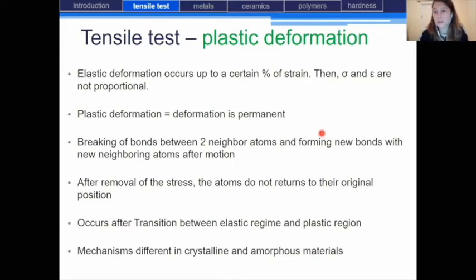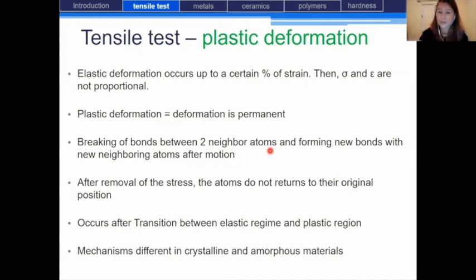In this plastic regime, the stress and strain are no longer proportional. Plastic deformation means the deformation is permanent. Here we have the breaking of bonds between two neighboring atoms, and along the stretching of this material, these atoms will form new bonds with new neighboring atoms after motion.